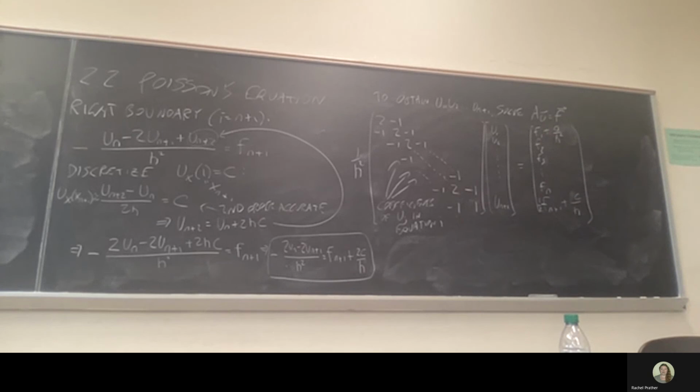So the system is equivalent. What did that buy me? What's the benefit of doing that? I divided the last row by 2. And this is what I have.